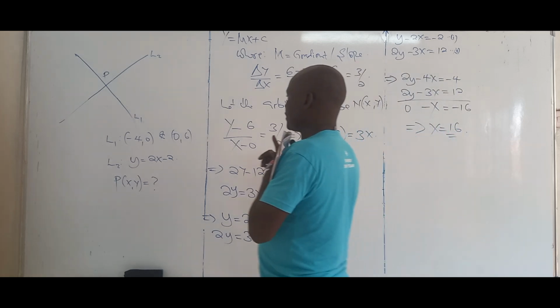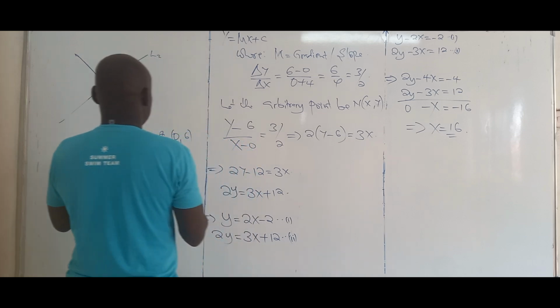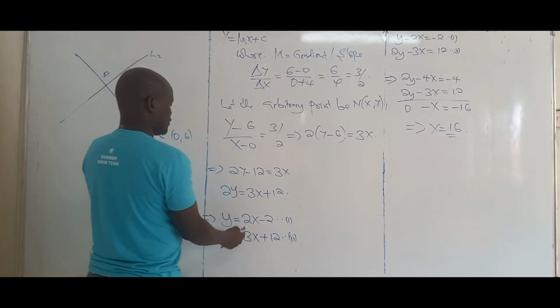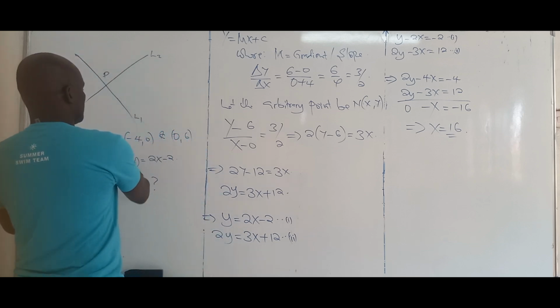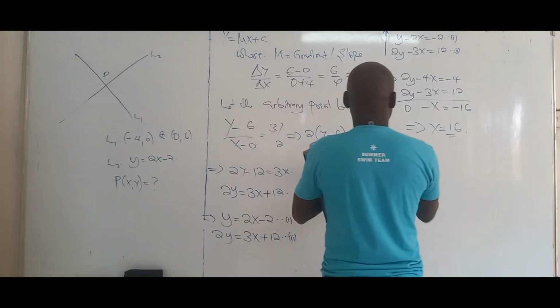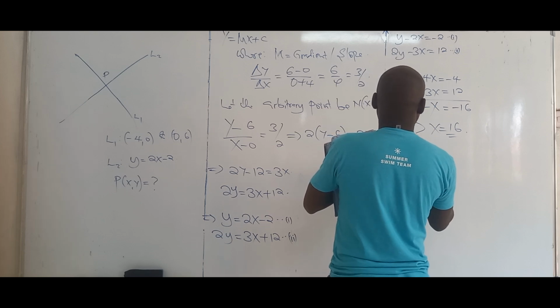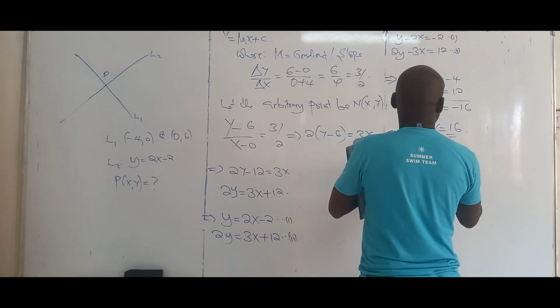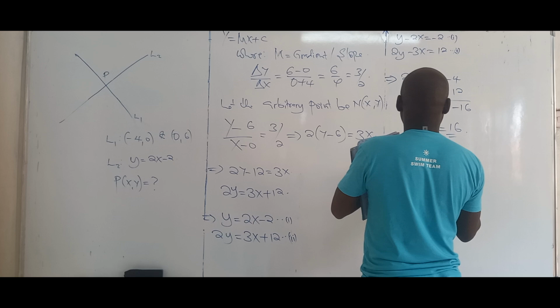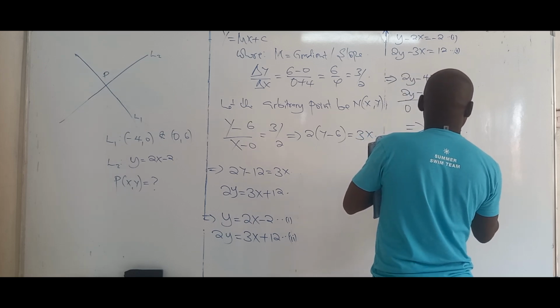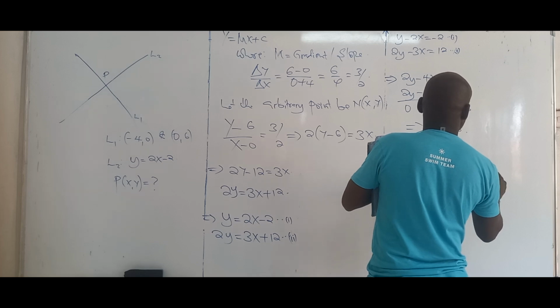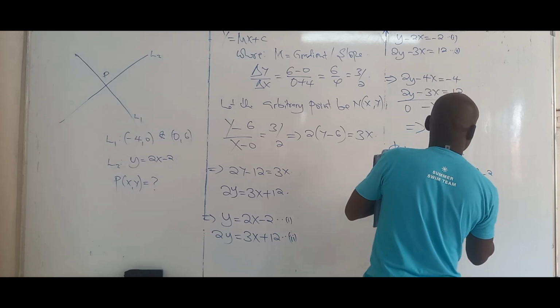Now, if x is 16, then we can substitute it in either this or this to find the value of y. In that case, I'll use that equation. We say y is equal to 2x minus 2. Therefore, y will be 2 times 16 minus 2, which is 30.